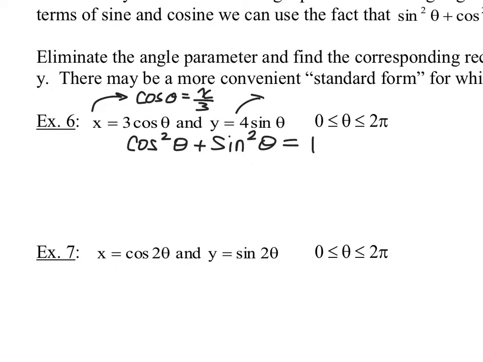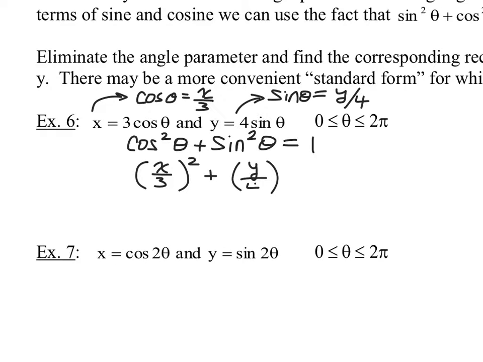Sine of theta is equal to y over 4. So then it's just direct substitution. x over 3 quantity squared plus y over 4 also squared is equal to 1.